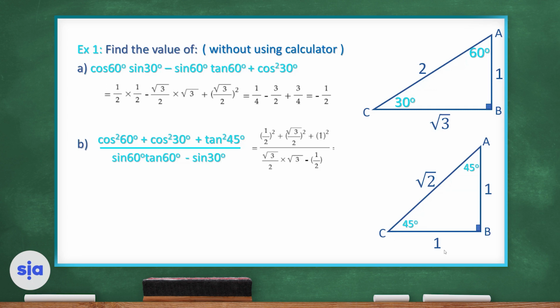If you simplify this, it will be quarter plus 3 over 4 plus 1, all over 3 over 2 minus half. Then it's 1 plus 1 over 1, so the answer is 2.